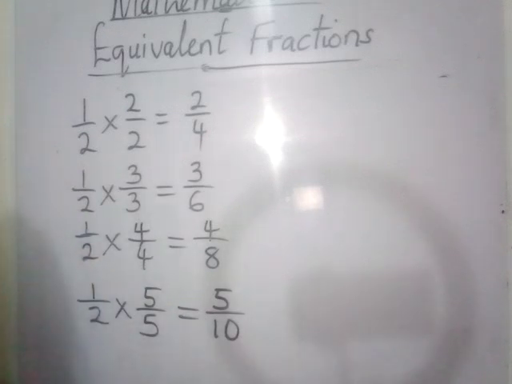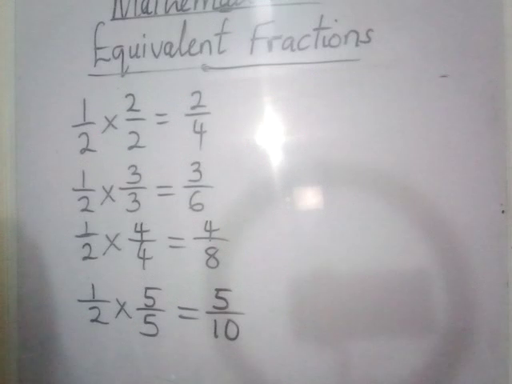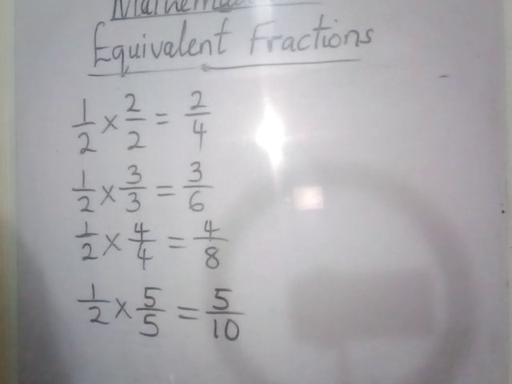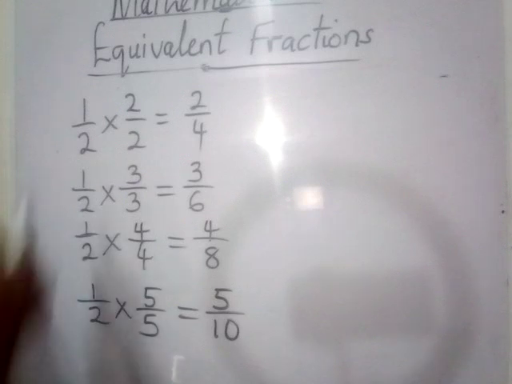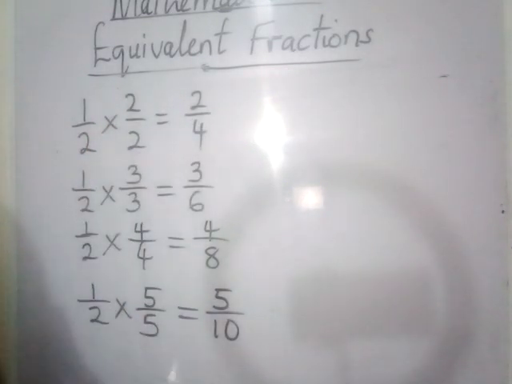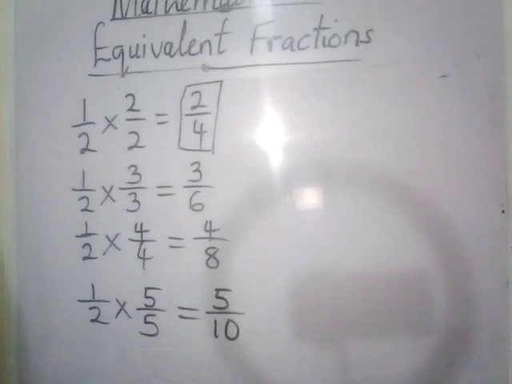We stated a rule that tells us how we generate equivalent fractions: you simply multiply the numerator and the denominator of the fraction by the same number. The same way you can also divide the numerator and the denominator by the same number to get equivalent fractions. So here, 1 over 2 times 2 over 2 gives us 2 over 4. That means 2 over 4 is an equivalent fraction of 1 over 2.